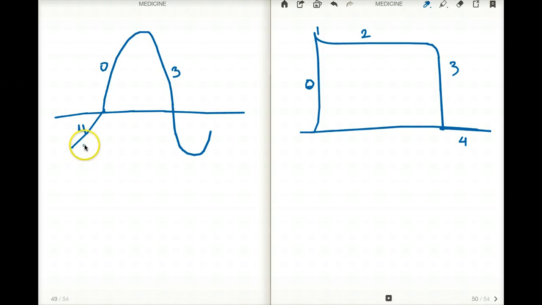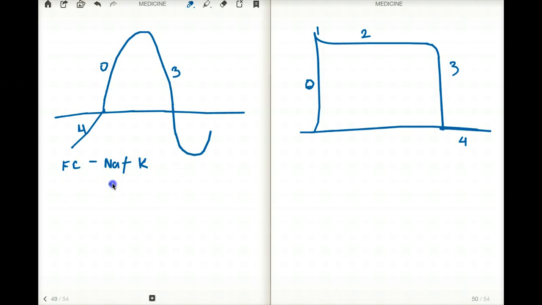What happens at phase 0? At phase 0, we have opening most of the sodium and the potassium funny channels. Okay, funny channels open for sodium and potassium. There is also opening of some calcium channels. Okay, and there is closing of the regular potassium channels.